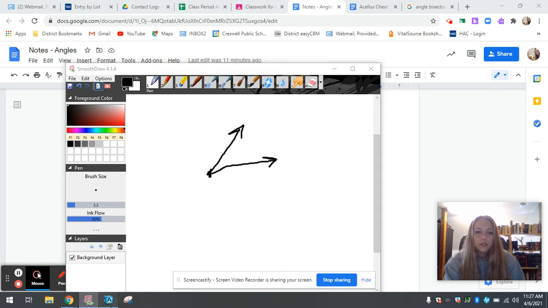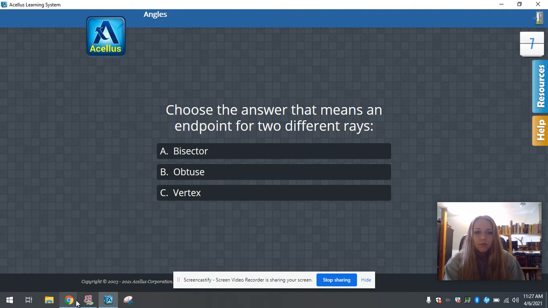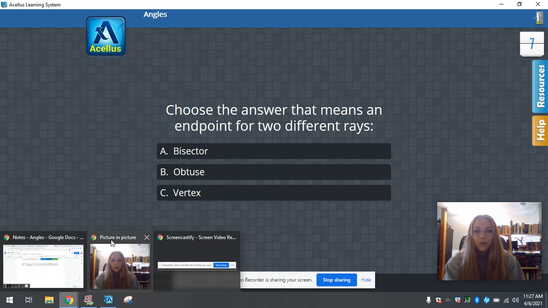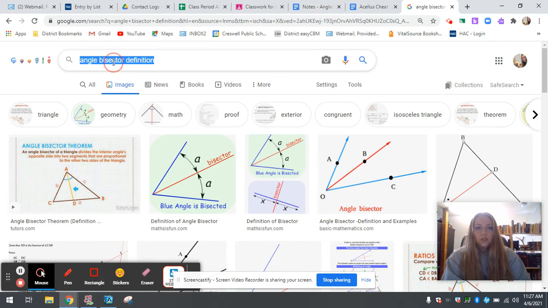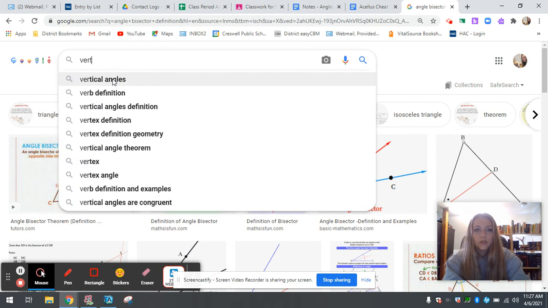So is this a bisector, obtuse, or vertex? Obtuse is just an angle that's bigger than 90 degrees or smaller than 180. I think it's a vertex.